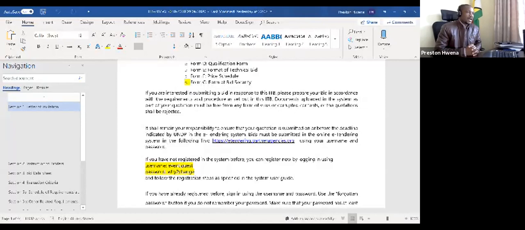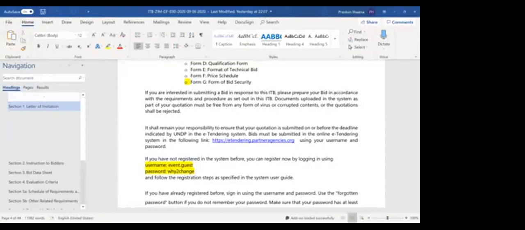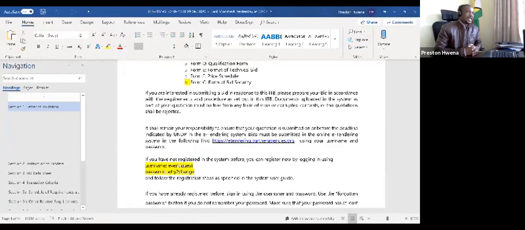So we always emphasize that as bidders, you should read through these documents, look at all the key or mandatory documents required as part of the bidding process, and ensure that these critical documents are submitted as part of your bid. Because failure to submit some of these will lead to rejection of your bid.